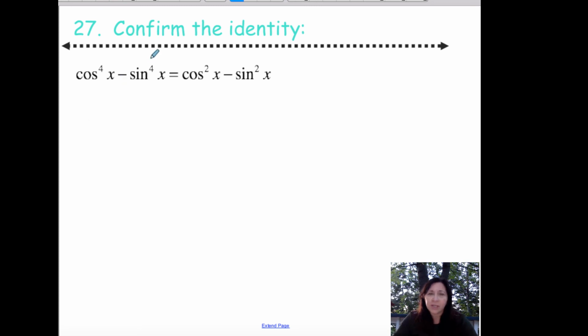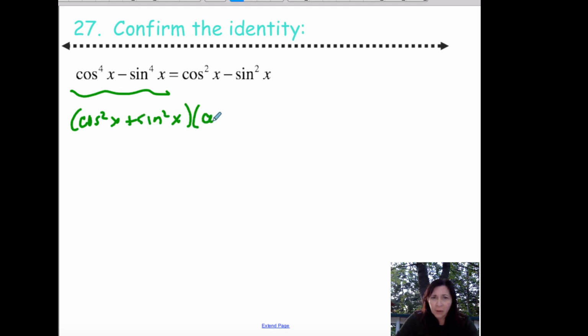The next question, this is the difference of 2 squares. I don't know if you realize that right here with the minus sign with both the squares here. So this is actually cosine squared of x plus sine squared of x times cosine squared of x minus sine squared of x. And that equals this right here.